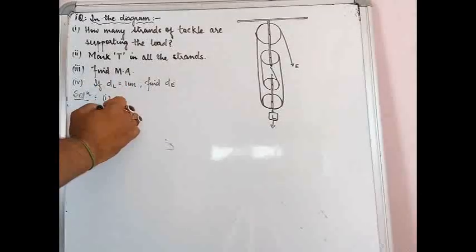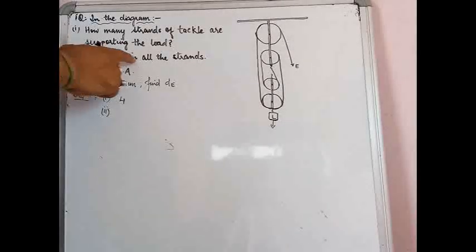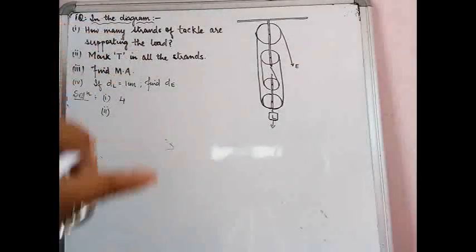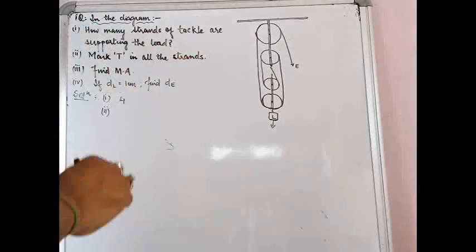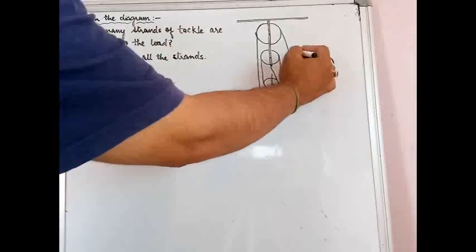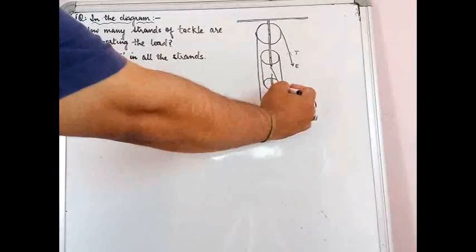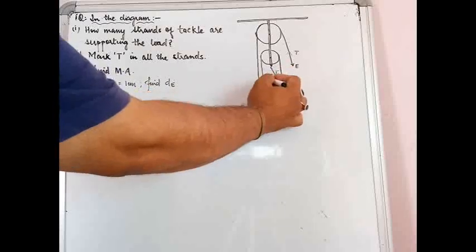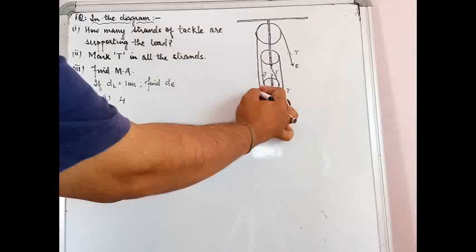Then moving on to the second part: mark capital T in all the strands. In all the parts that are there, you have to mark capital T, which, as you might have already understood, is tension. And tension is always opposite to the load. So we will start from here. You can start from the effort side also. There will be tension over here, then you will have T acting here, then T acting here, same T here and same T here.